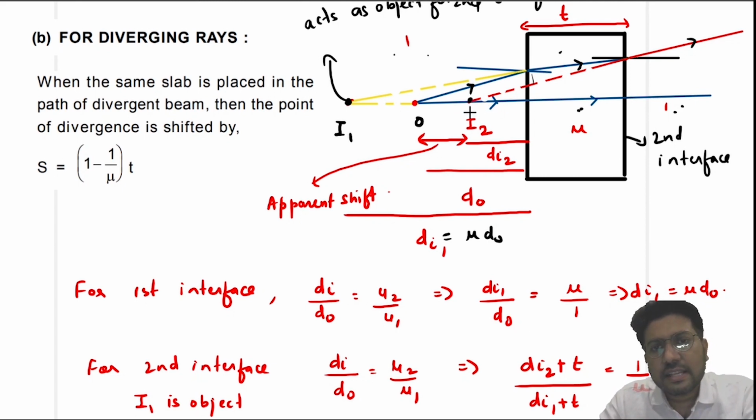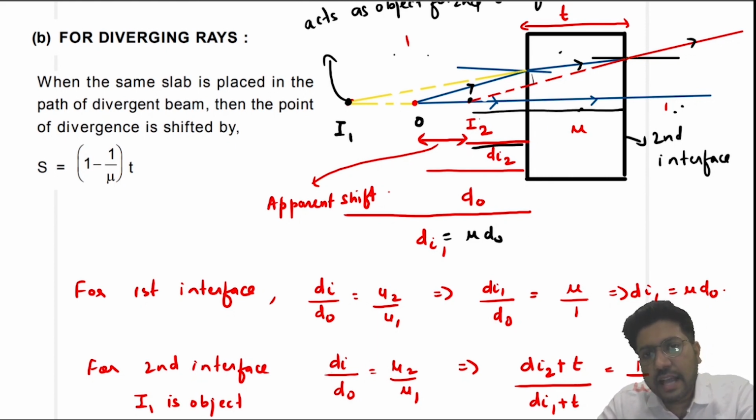Now this distance is di2, which I have written from the first interface. Then the image distance for this interface is di2 plus t. Here di by do is mu2 by mu1, where di can be written as di2 plus t, and similarly do can be written as di1 plus t, since I1 is the object for this, is equal to mu2 by mu1.